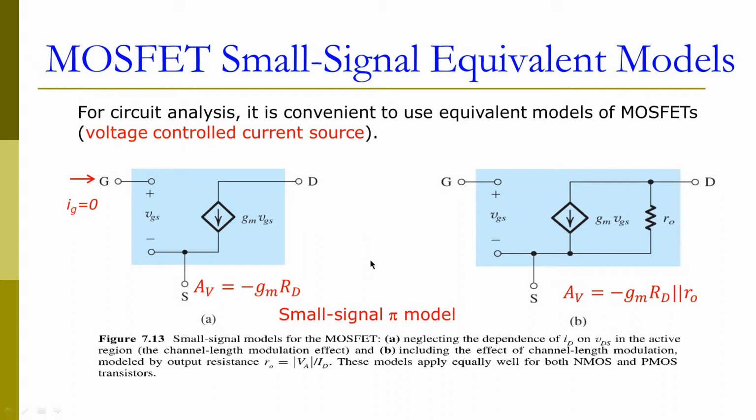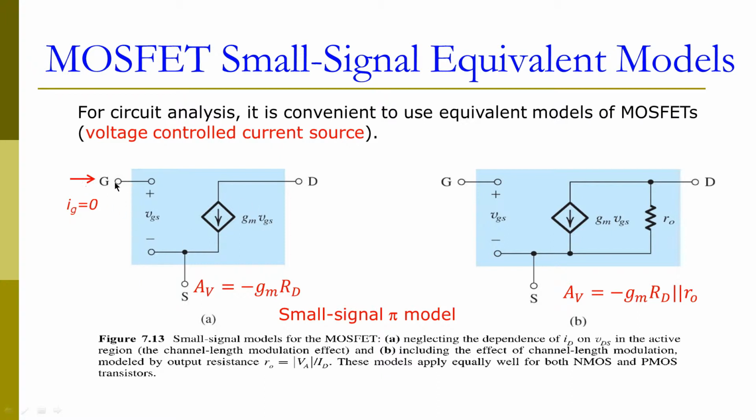In order to analyze the circuits, we usually use an equivalent model to replace the transistor. Here we can use a small signal pi model to model the transistor. The transistor can be considered as a voltage controlled current source.